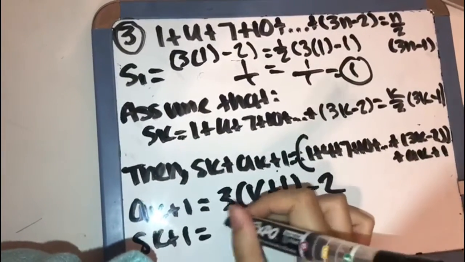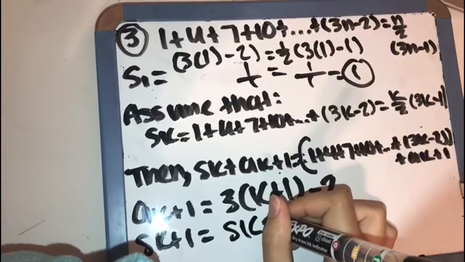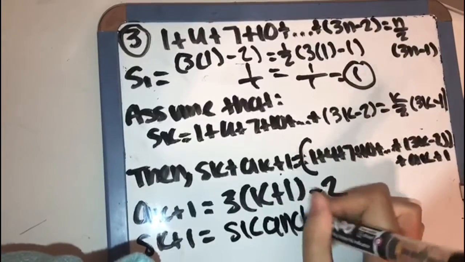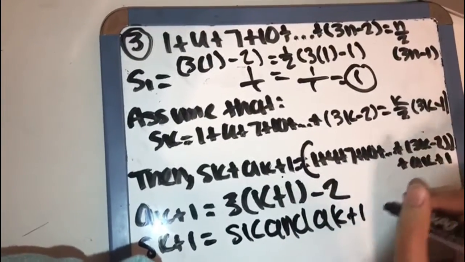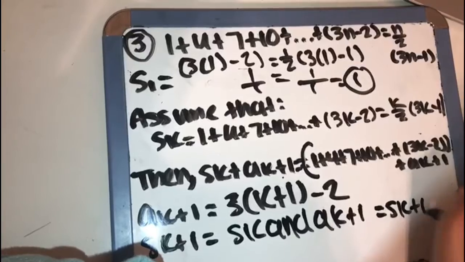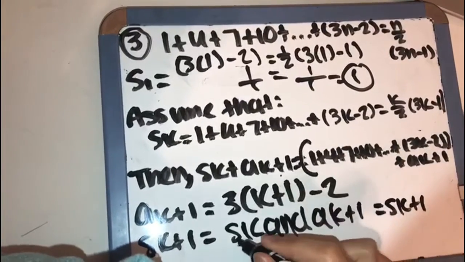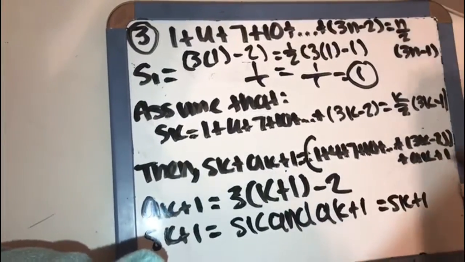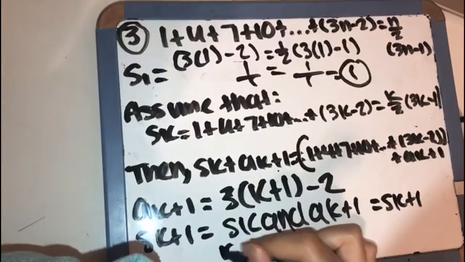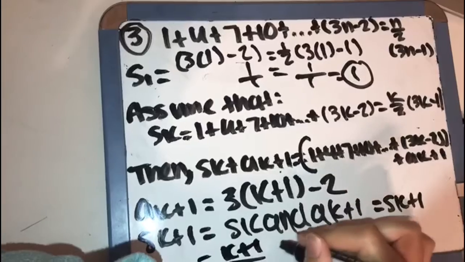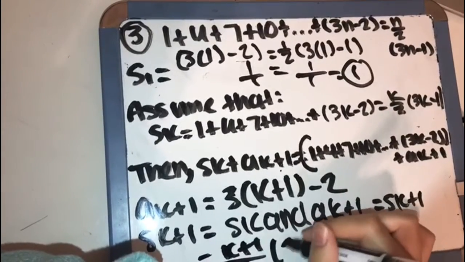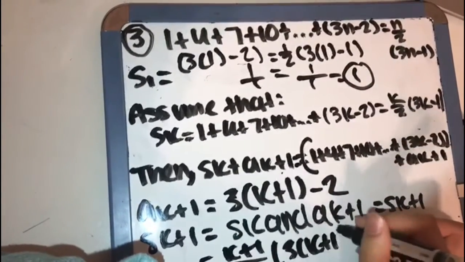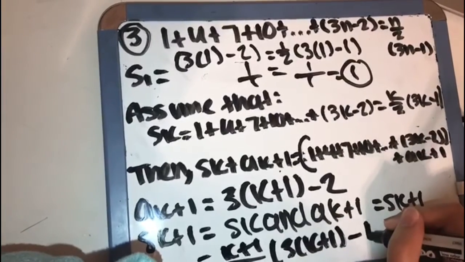So that means that we have to add Sk and a(k+1) to find S(k+1). Okay, so when you add them together, it's gonna give you an equation of (k+1) over 2 times (3(k+1) minus 1).